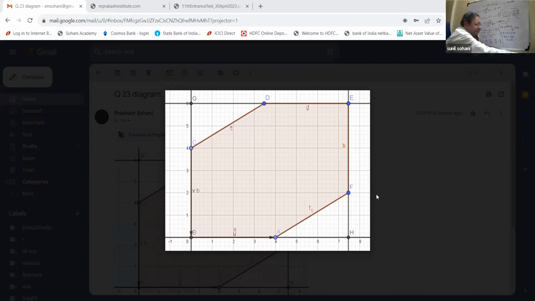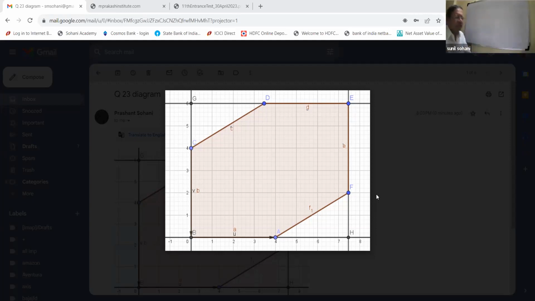So let me draw the same sketch on the board. You can observe the sketch. The angles are nicely going from A, B, C, D, E, F. Starting from AB, angle B is 90, C is 120, D is 150, again E is 90, F is 120, and the angle A becomes again 150.